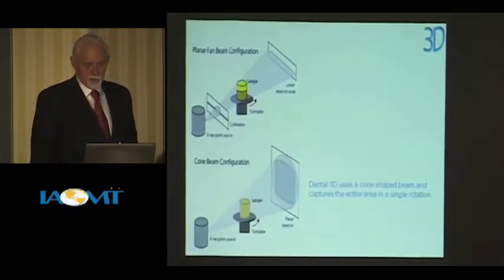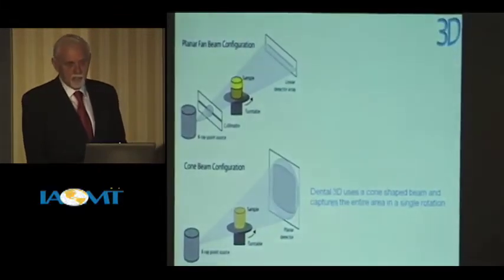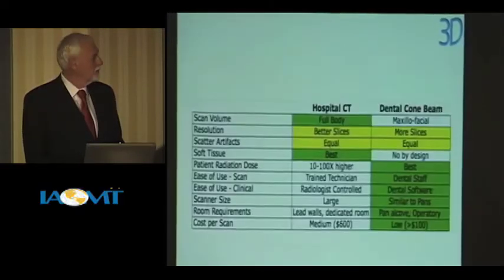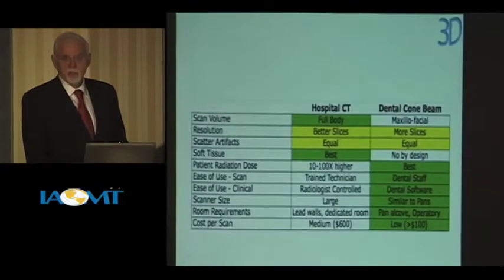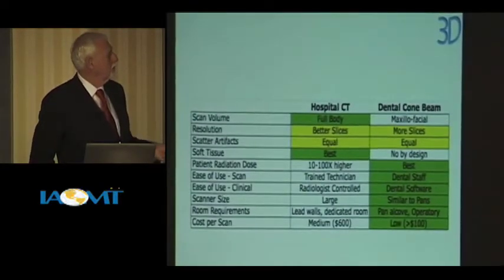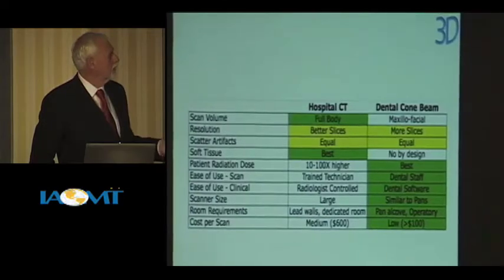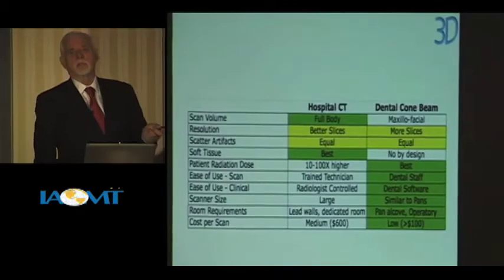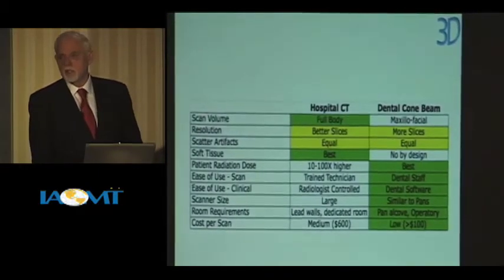The dental 3D uses a cone-shaped beam and captures the entire area in a single rotation. There's a little bit of a difference between the hospital CAT scan and the dental cone beam: full body versus maxillofacial. Some people are concerned, what if I show up with a brain lesion?